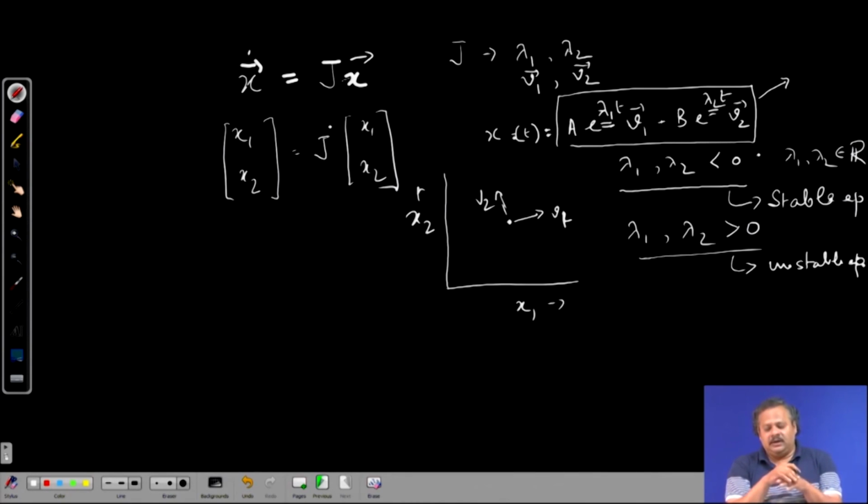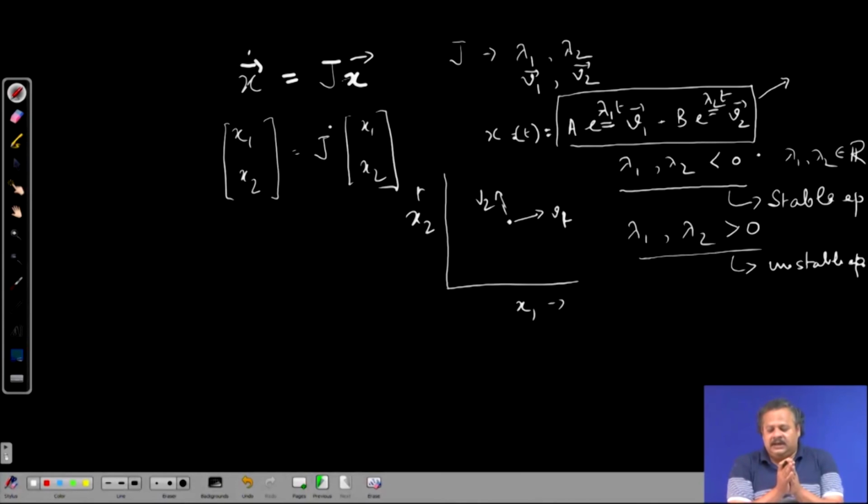Its behavior would be to push the system out from near the equilibrium point, simply because of the sign of the real eigenvalues in this case.